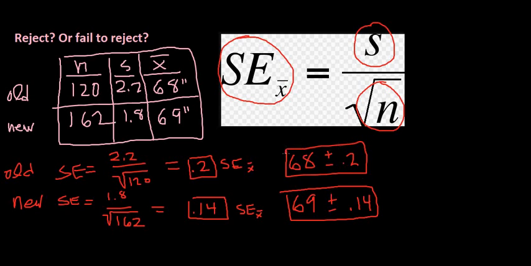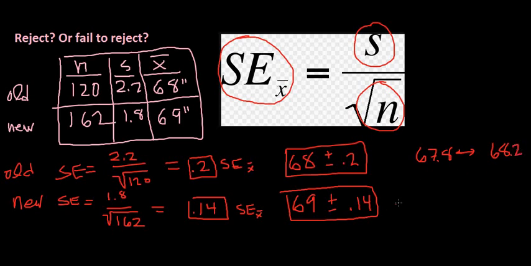If we know our sample isn't going to vary that much, we're going to have a pretty low standard error of the mean, and a really small range. Since we had pretty big classes for both, we have pretty small standard errors of the mean. So the range of this one is going to be 67.8 to 68.2.